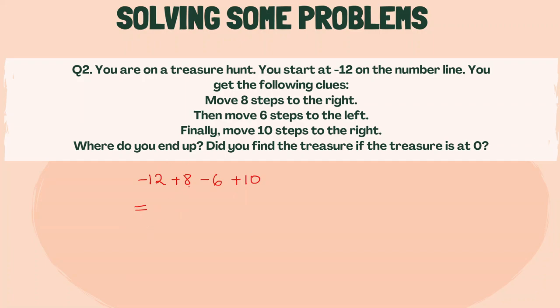So I will take the positive numbers together: plus 8, plus 10, minus 6, minus 12. Here 8 plus 10 becomes 18, and if I take minus common, 6 plus 12 is what? 6 plus 12 is 18.